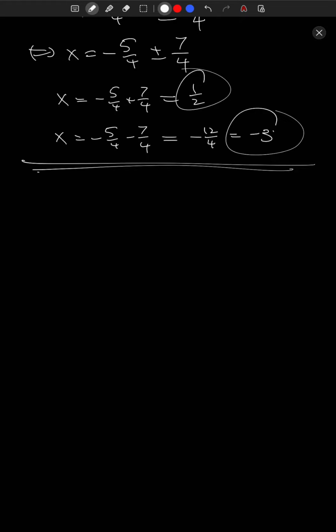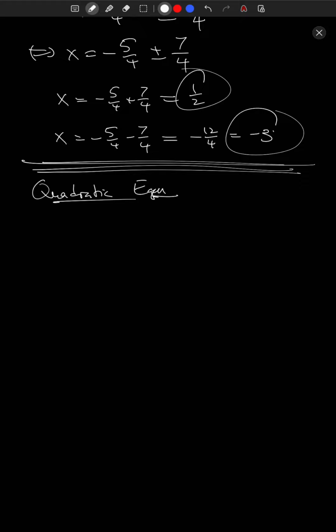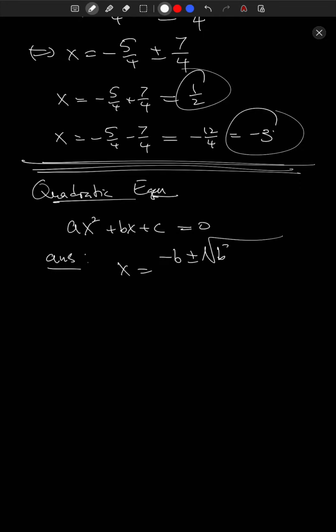All right, so finally, let me talk about the quadratic equation. So most of us have seen this before and remembered that if I have a problem that looks like this, then the solution instantaneously is this. Right?